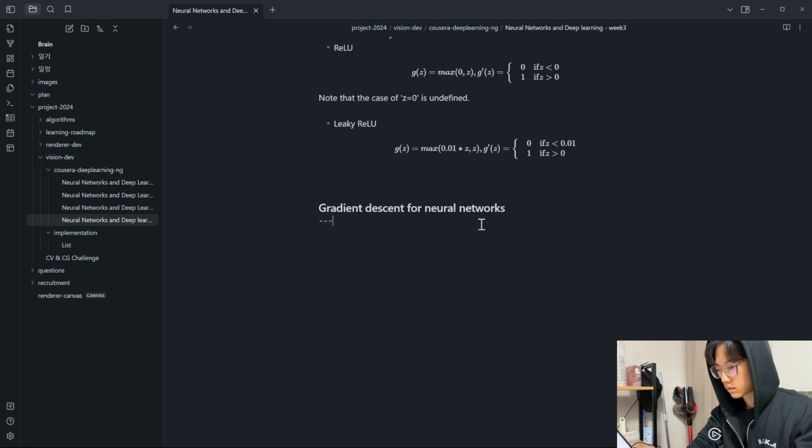So your neural network with a single hidden layer, for now, will have parameters W1, b1, W2, and b2.